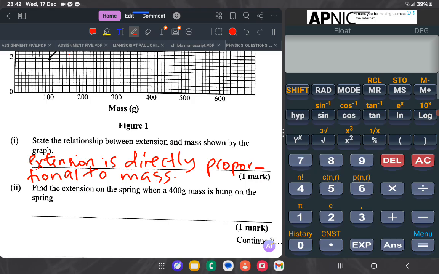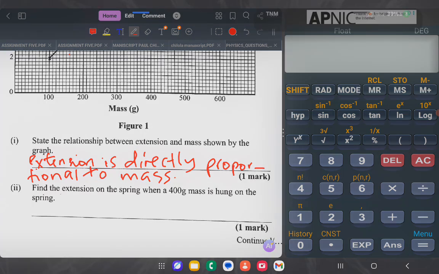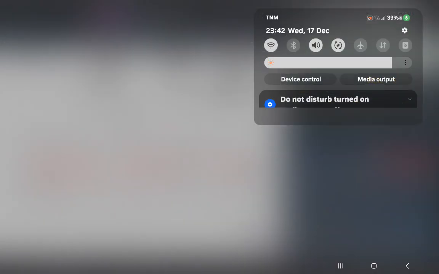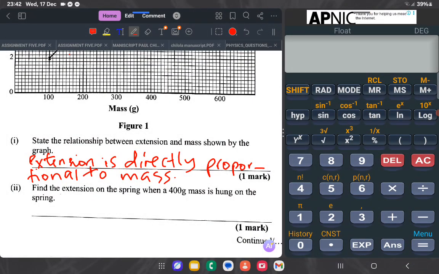Question Roman numeral 2 requires us to find the extension on the spring when a 400 gram mass is hung on the spring.